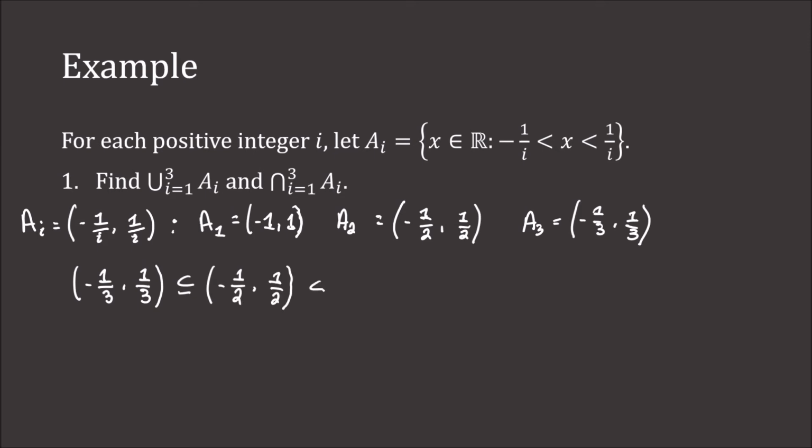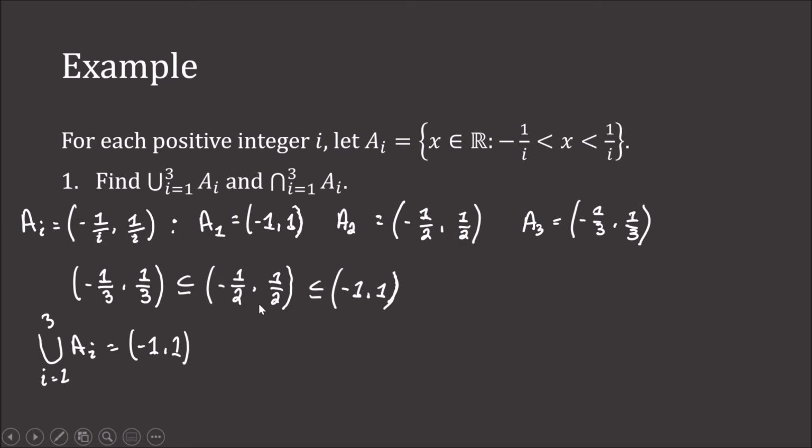But this itself would be contained entirely in the interval minus 1 to 1. So we can say that the union from i equals 1 to 3 of a sub i would be the entire interval negative 1 to 1, because that interval contains all of negative a half to a half and all of negative a third to a third.